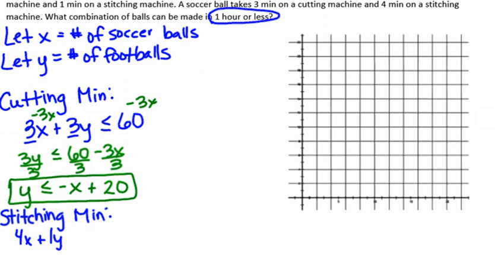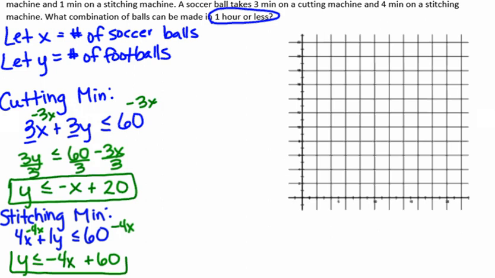And same thing, we're restricted to an hour, so less than or equal to 60 minutes. Subtracting 4x from both sides, we have y is less than or equal to negative 4x plus 60. Now let's graph both of those inequalities.